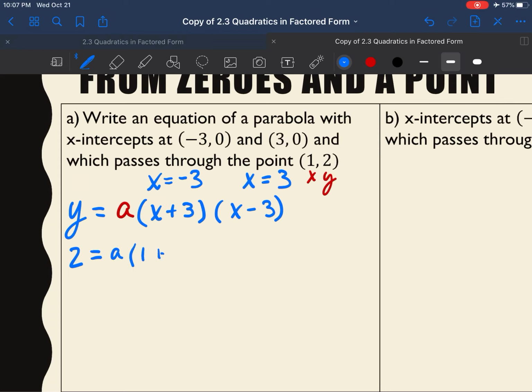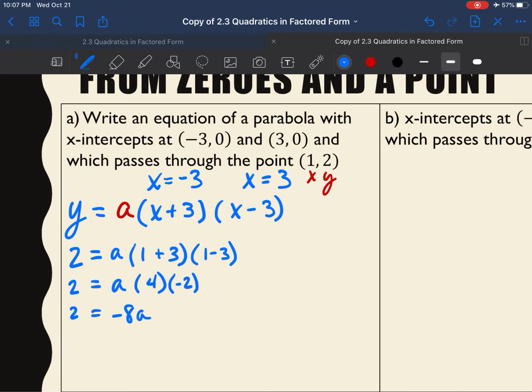So 1 plus 3, and on the other one, 1 minus 3. And then you'll solve this. So you get 2 equals a times 4 for this parentheses and -2 for this one. Multiply those two numbers together and you get -8. So I'll write -8a equals 2.